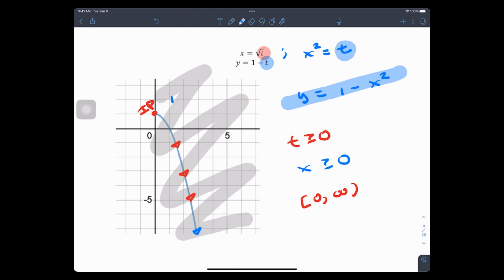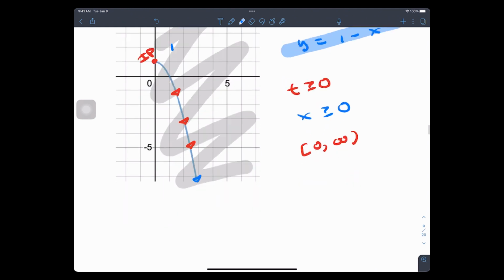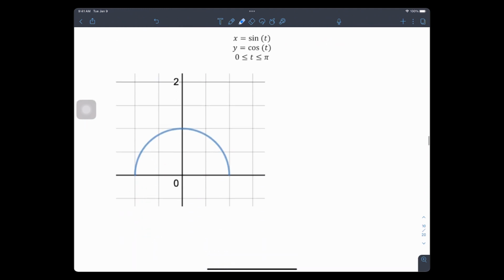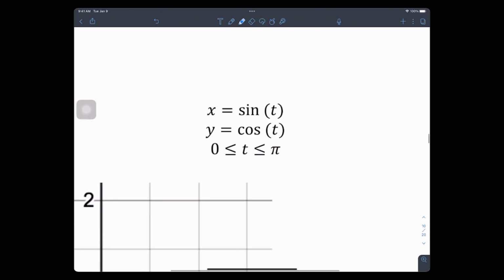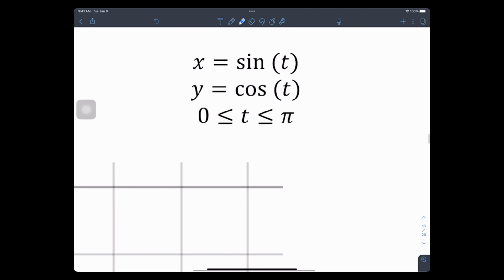So, back in the day, they used to give you these equations, and then they would say sketch the curve. And you would go, oh my God, I don't know what that looks like. How do you sketch this curve? Right?